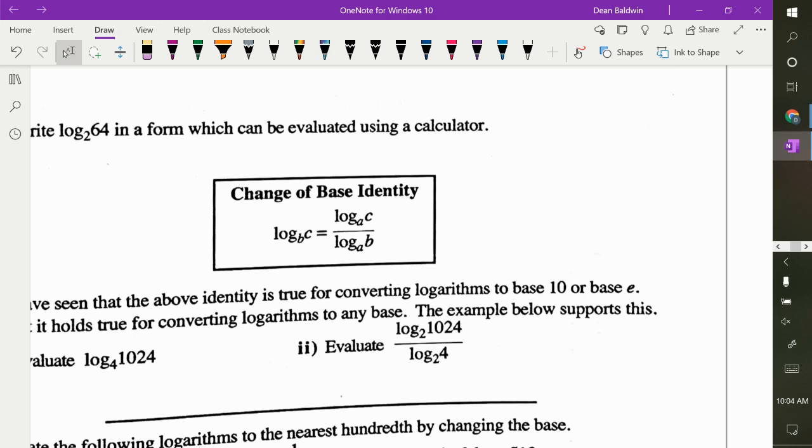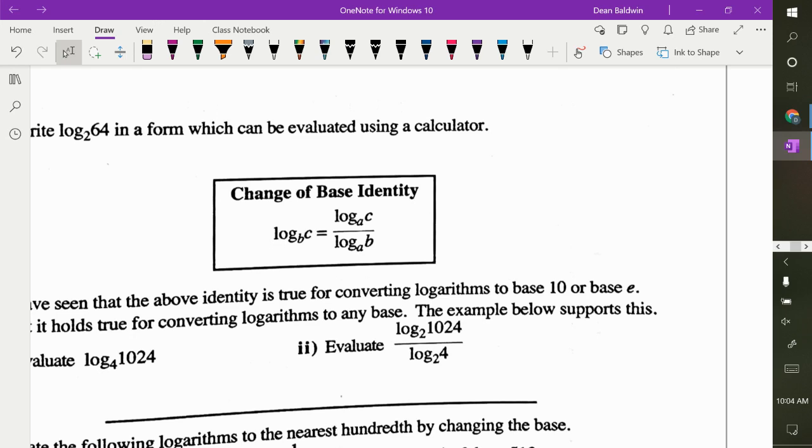Other calculators, such as this one, will not. These calculators will only do base 10 and natural log. Okay? So you need to know how to change the base.